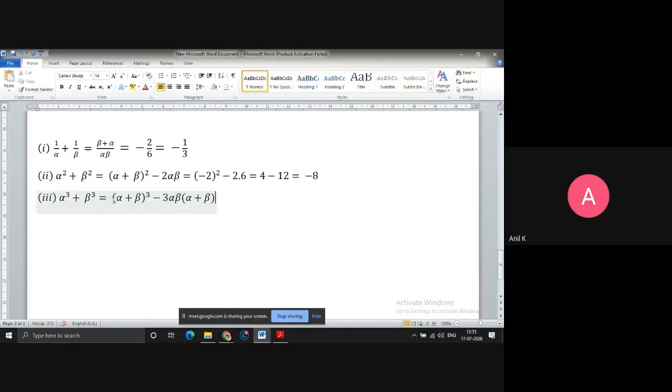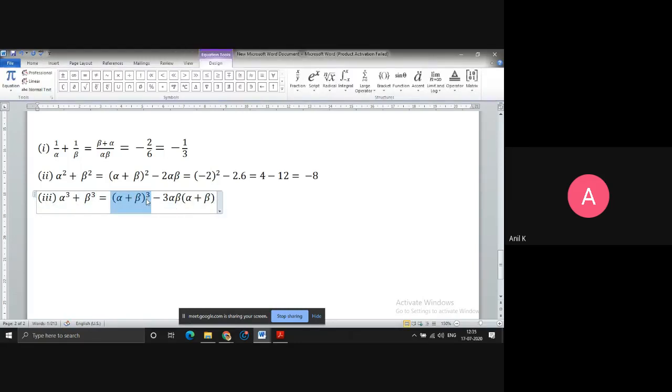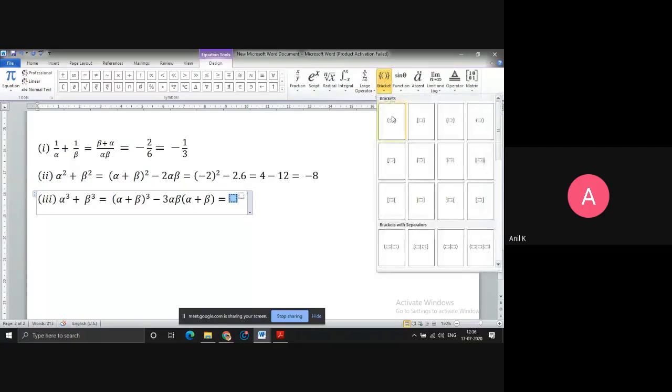This is the formula like alpha plus beta whole cube, a class 9 formula. Again, I'm saying alpha plus beta whole cube equals alpha cube plus beta cube plus 3 alpha beta into alpha plus beta. That plus 3 alpha beta into alpha plus beta, I'm bringing to the right hand side. So this is another formula. If you want, after this class, open the class 9 textbook and see the formula and how we rearranged it.